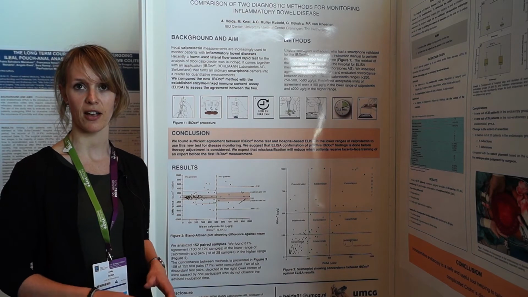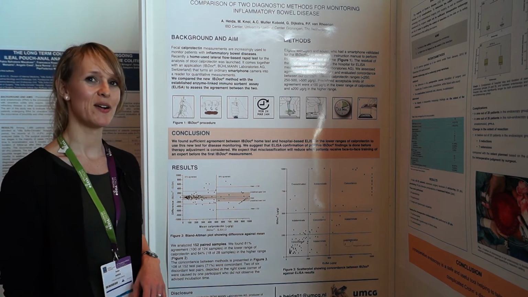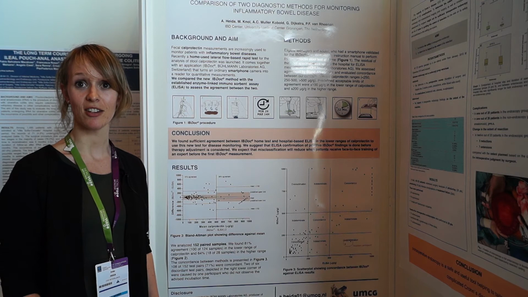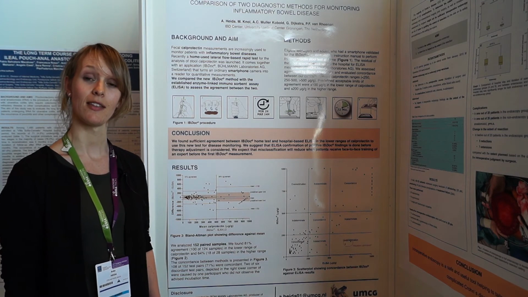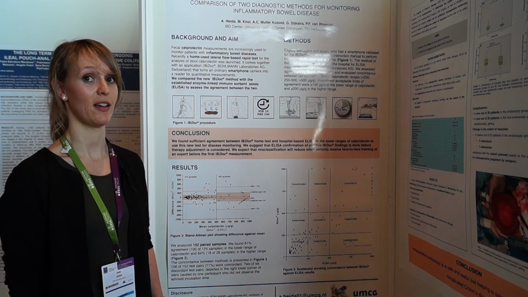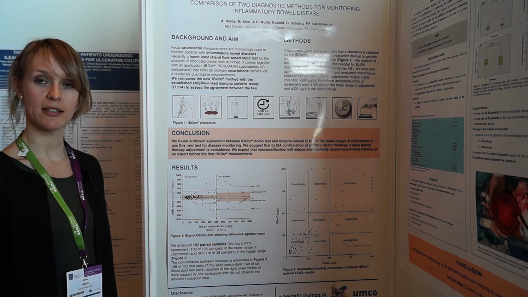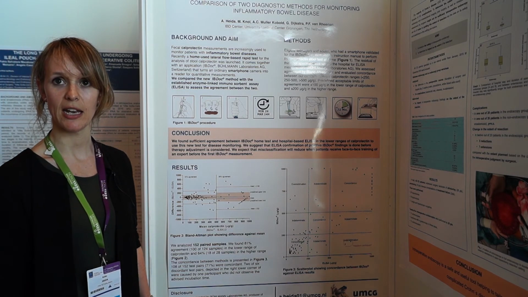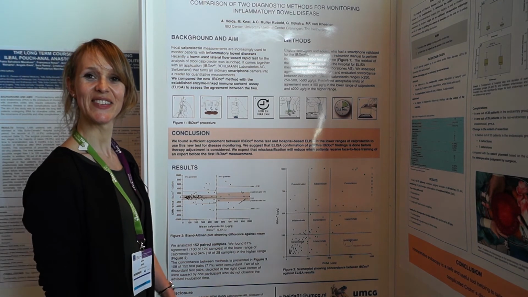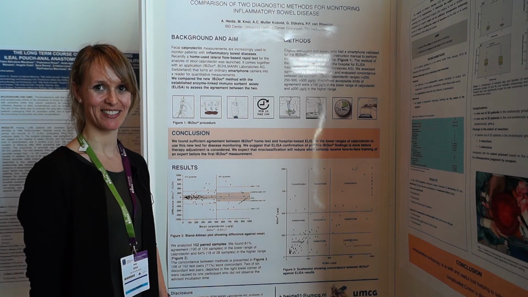Therefore we defined predefined acceptable limits. For the lower range we used 100 as an acceptable limit, and for the higher range 200 microgram per gram as an acceptable difference. Here we can see that in the lower range we had 81% agreement, and in the higher range 64% agreement.